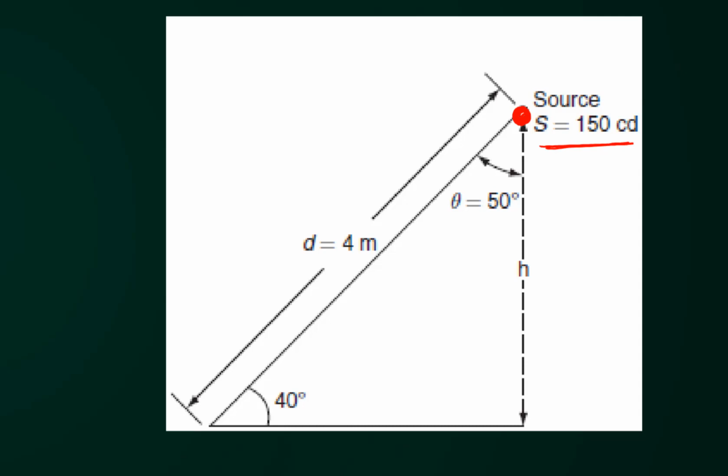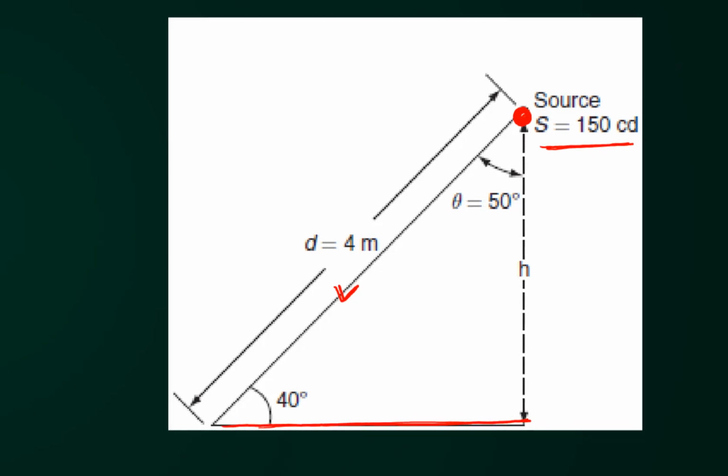Now, what is the angle made by the surface? The surface is inclined 40 degrees with respect to the incident light ray. Then the angle between the normal of the surface and this incident light will become 50 degrees.